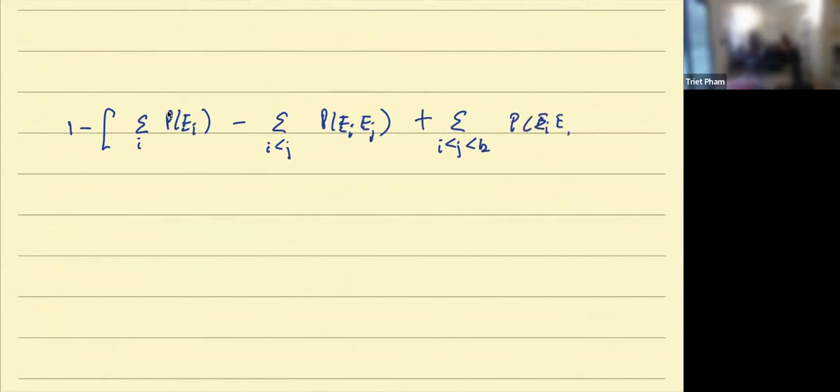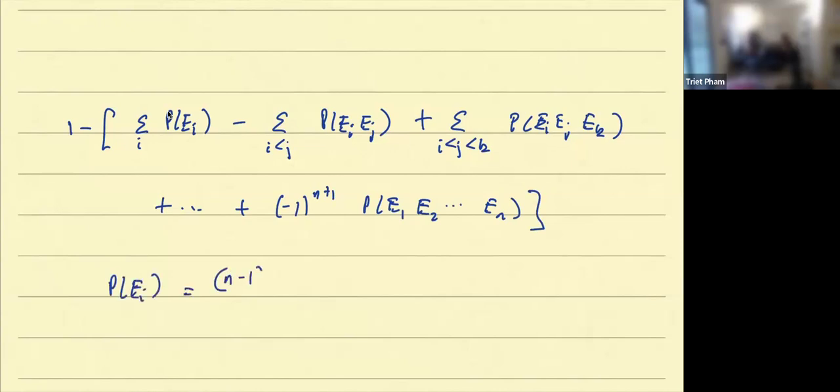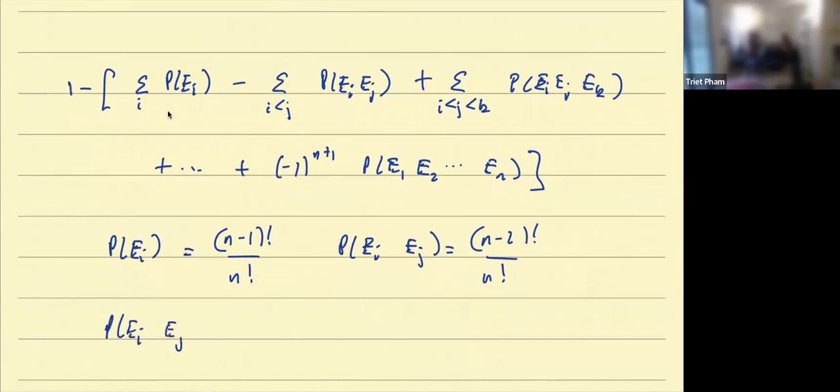We have 1 minus, and then the inclusion-exclusion formula says it's the sum of P(E_i), minus the sum over i less than j of P(E_i E_j), plus the sum over i less than j less than k of P(E_i E_j E_k), and so on until (-1)^(n+1) P(E_1 E_2 ... E_n), where P(E_i) is (n minus 1) factorial over n factorial, P(E_i E_j) is (n minus 2) factorial over n factorial, and P(E_i E_j E_k) is (n minus 3) factorial over n factorial.